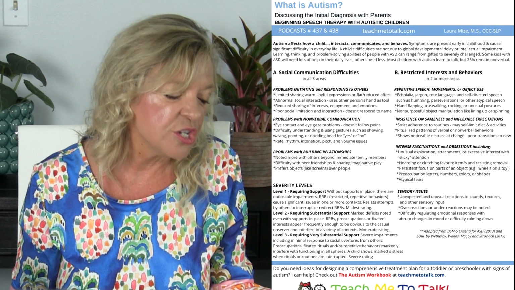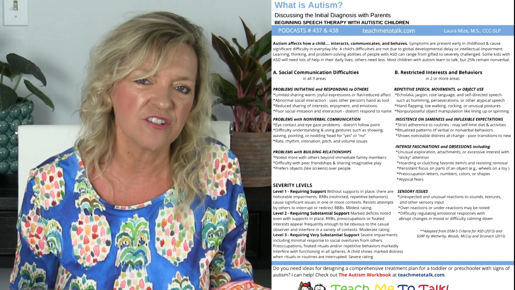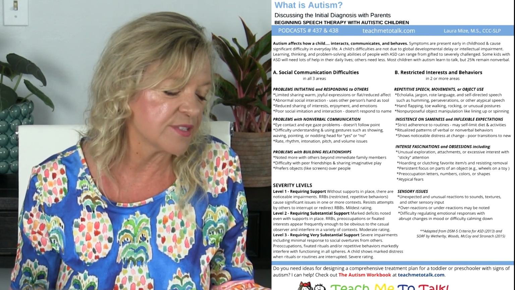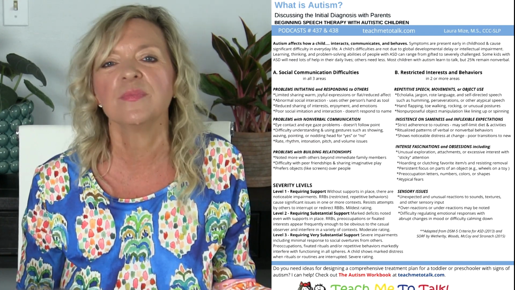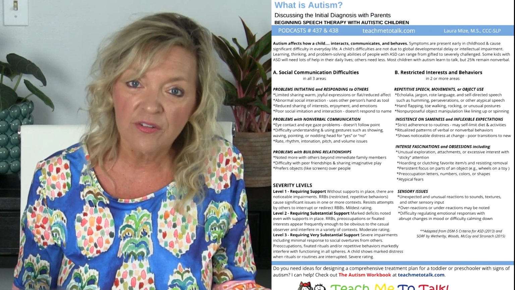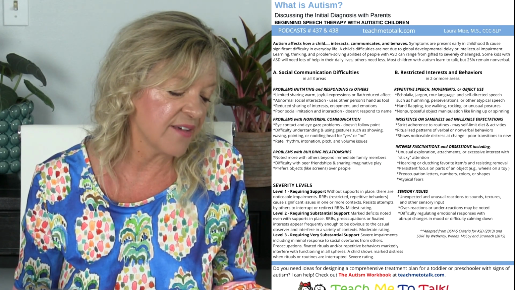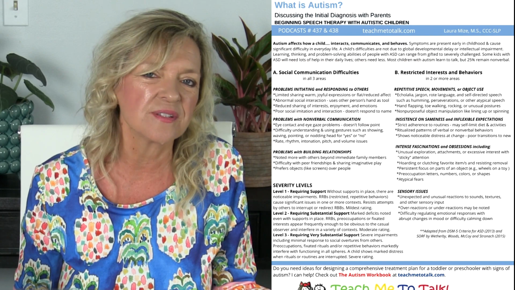Severity level number 2 is requiring substantial support. So we've moved up from support to substantial support. So these are children who are going to be more like a moderate diagnosis, so marked deficits noted even with supports in place.